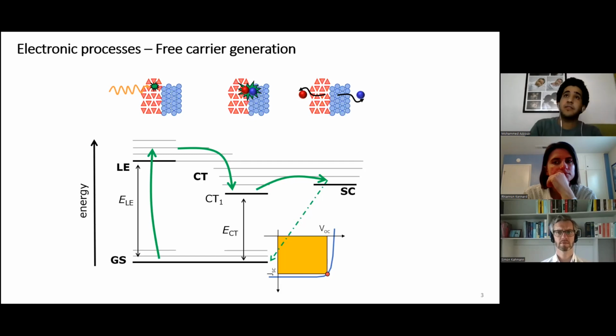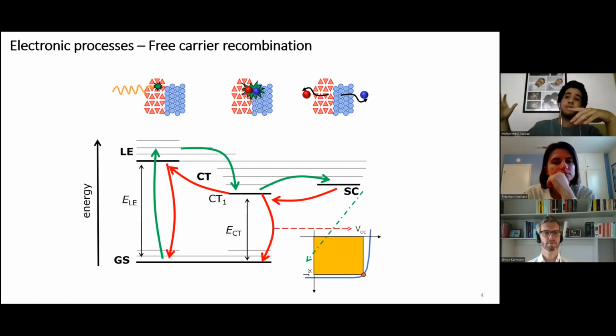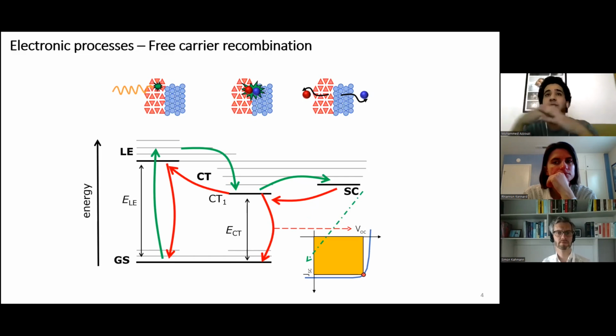From the other side of the spectrum, you have all the losses, all the recombination that happens. These free charges can either recombine directly through traps or other recombination processes. But in organic solar cells, there's also this main pathway of going back from free charges to form the CT state at the interface, which can recombine to ground either radiatively or non-radiatively.